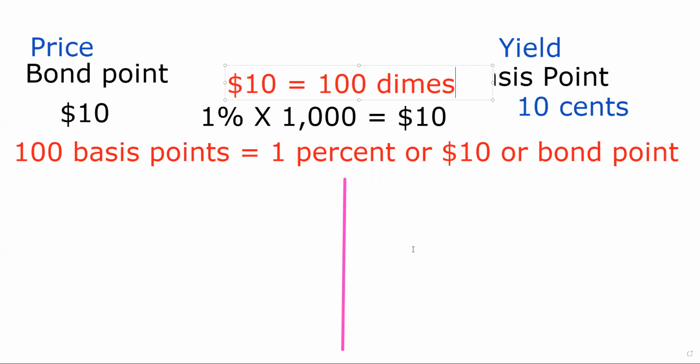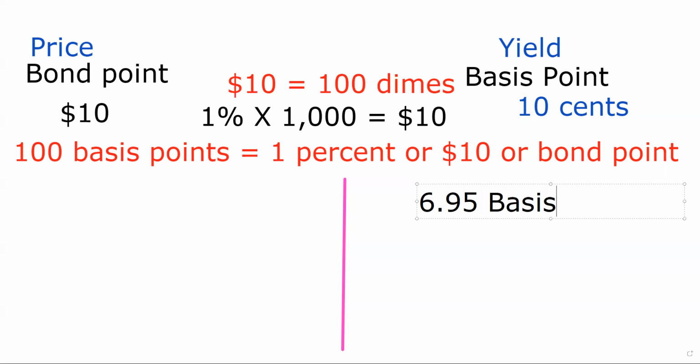All right, so here were the two things that this test taker got asked about. It says a bond has a 6.85 basis, or 6.95.